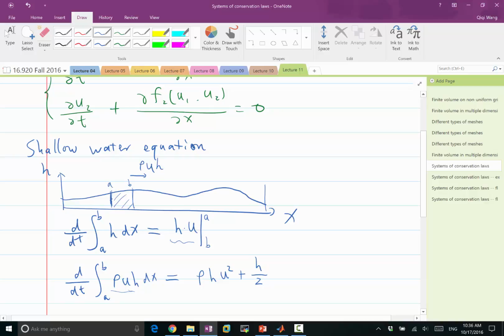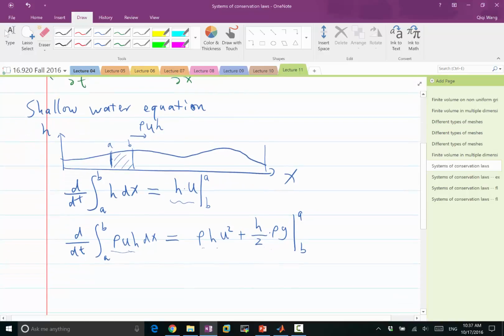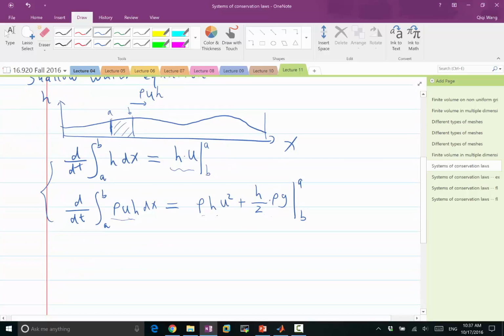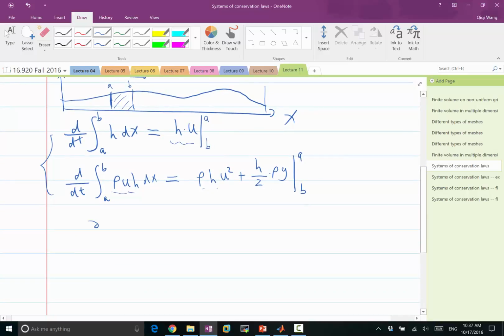So if you take the center, that's the average height, times rho g. Right, so that's the momentum flux, and that's the force. Again, at a and b.